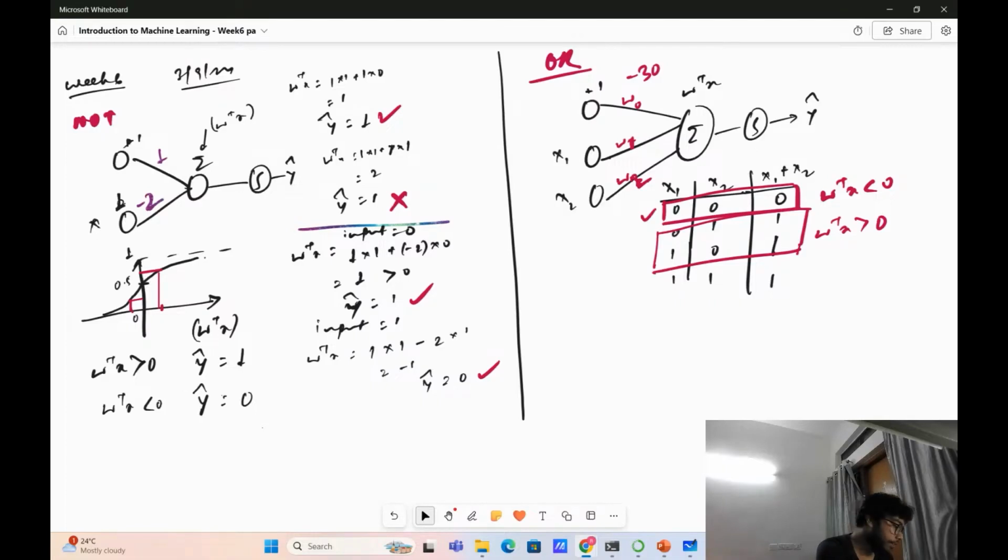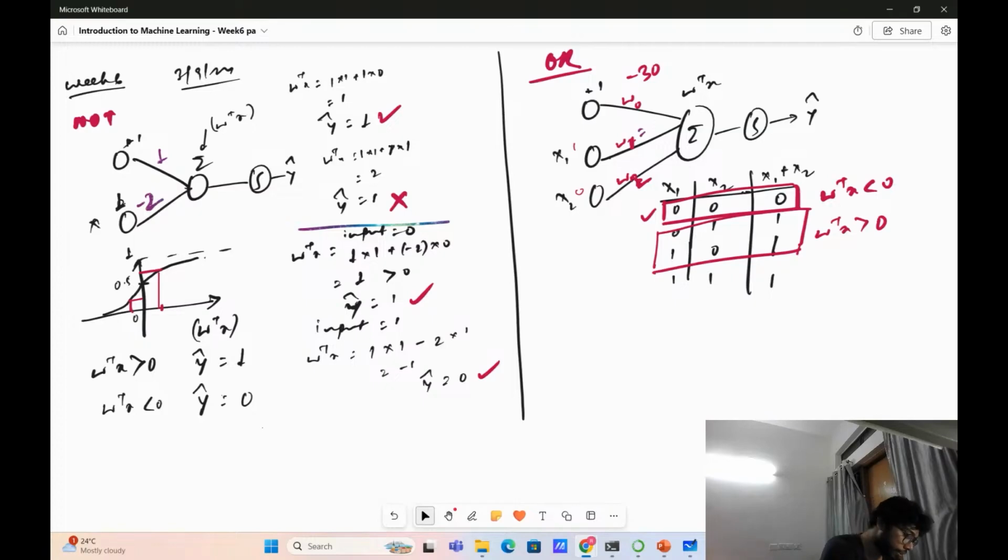Let's say x1 is 1 and x2 is 0. One thing is for sure, this summation has to be positive.